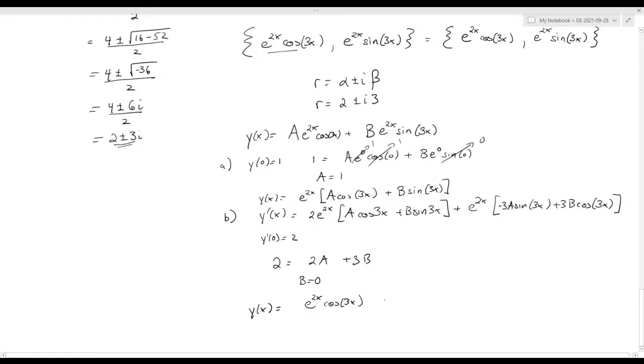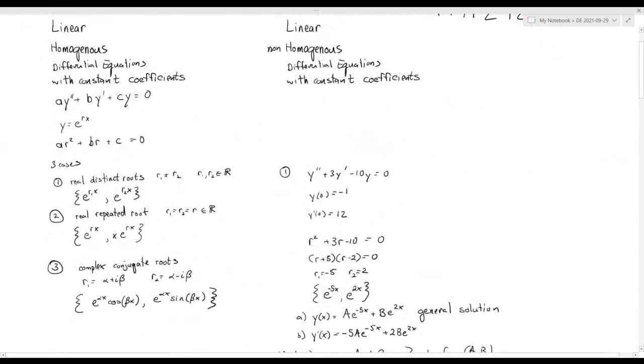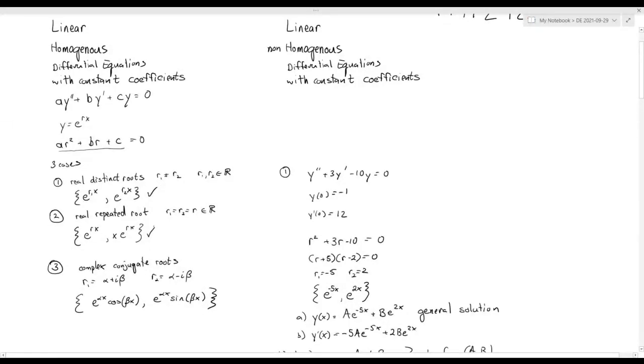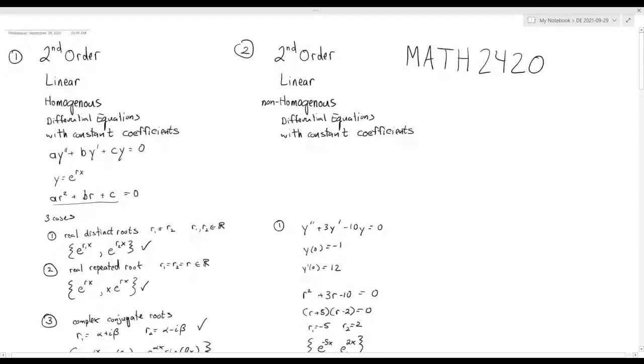All right, to summarize, we just went through the three cases for a second order, constant coefficient, linear, homogeneous differential equation: distinct real roots, a repeated real root, and complex conjugate roots. Next, the second part of the program is to talk about second order linear but non-homogeneous differential equations with constant coefficients, so the right-hand side is not 0.